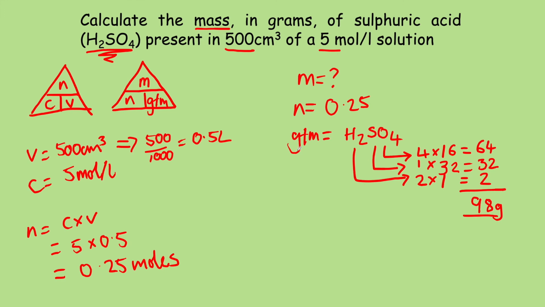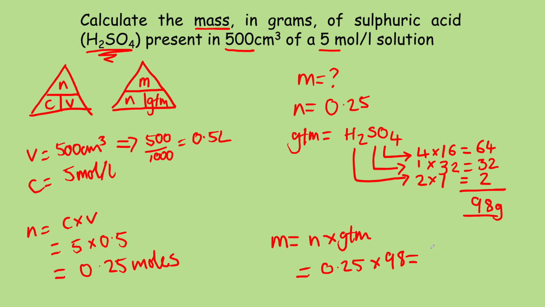So we've got our gram formula mass, we've got our number of moles, and it's asking us for our mass in the question. So all we have to do is mass equals number of moles times gram formula mass, which is 0.25 times our 98. And once you type that into your calculator, you will get the answer.